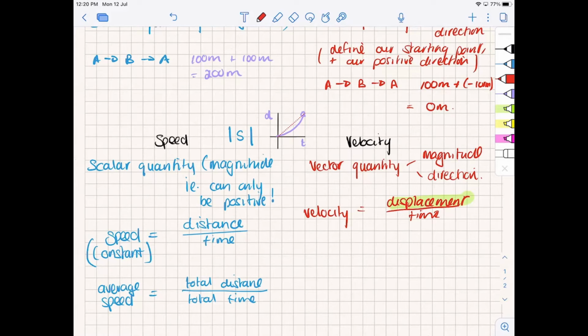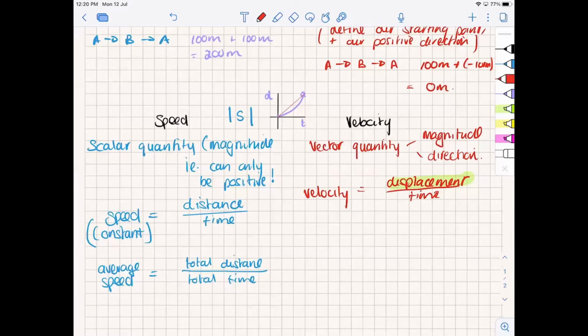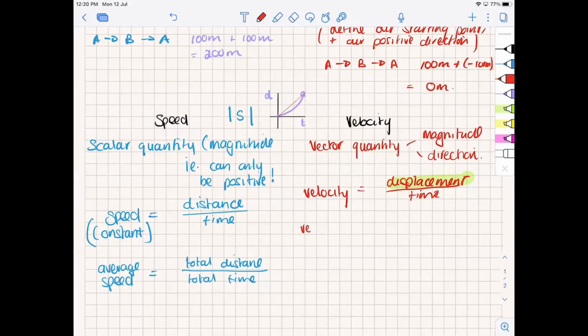Right, Zara, how would we calculate average velocity? It would be your total change in displacement over the total time. Here we go.